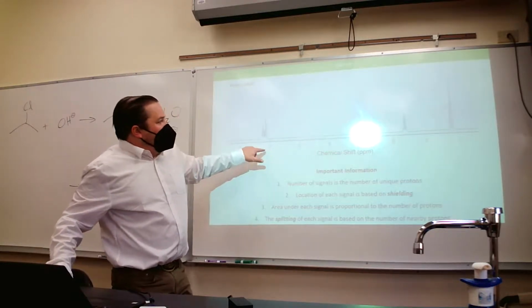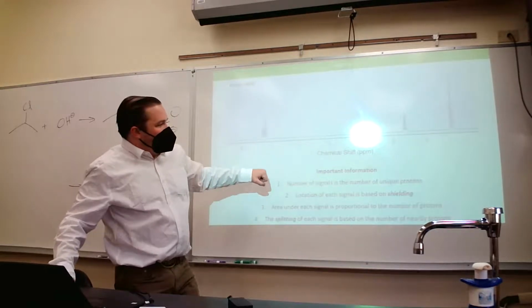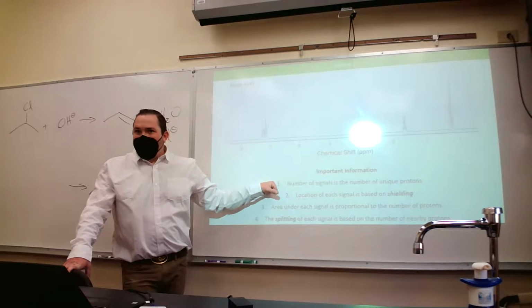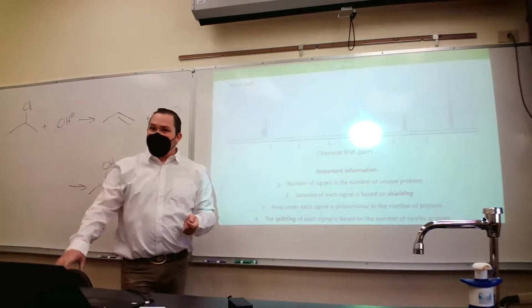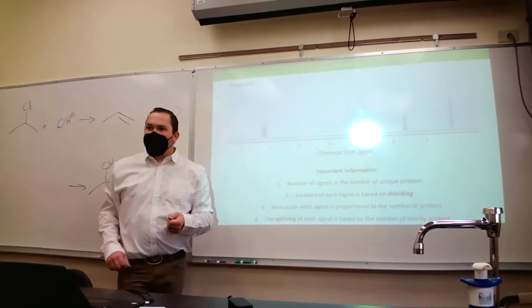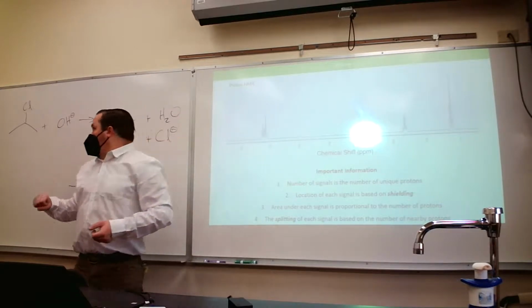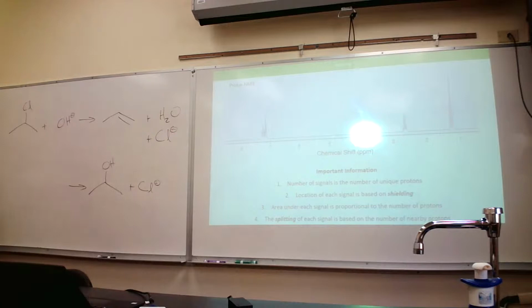The number of signals that we see is going to be the number of unique protons. And by unique protons, I mean that we could tell the difference between them, that they're attached to different places on the molecule. Right, so protons that are attached to the same carbon or asymmetric carbon are identical.